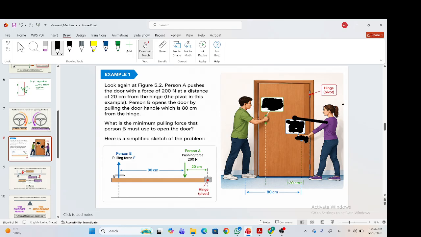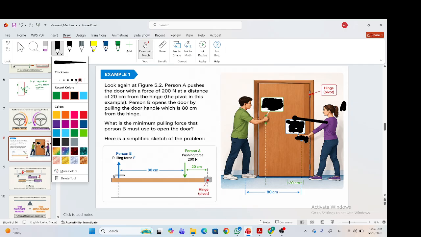So this is person A, and person A is holding the door, not letting the door be opened. This lady is very angry and she is not going to let the person open the door. He is going to escape, but she is not letting him. So she is forcing how much force?